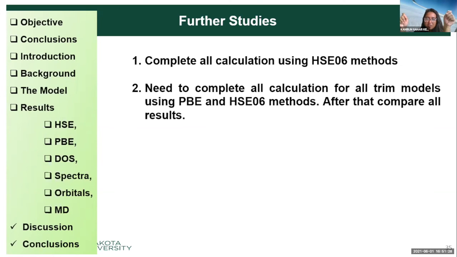We already trimmed the model, so I need to do all the calculations for the trim model as well. Then we will compare those results to see which one gives a more accurate result. That's it.